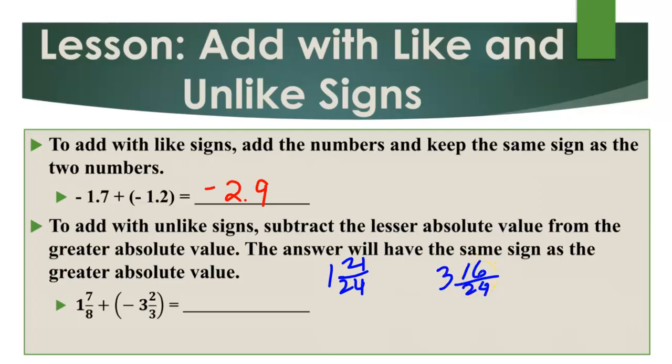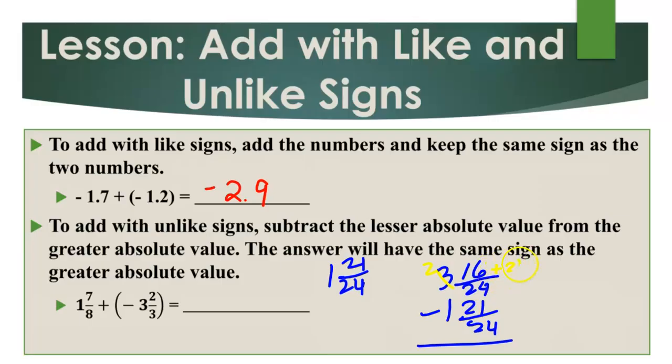So if I just take my two numbers and subtract them, I'm going to subtract 1, and then this would be 21. Let's see. Yeah, 21 over 24. We could still do it that way. We would have to borrow in order to do that. So let's borrow here. I would have to take 1 away from here. So I have a 2, but I got 24 24ths for that.